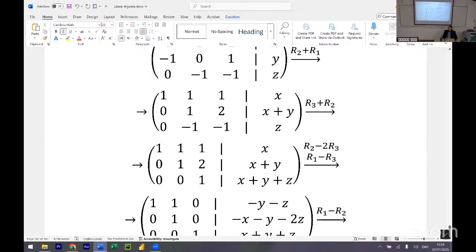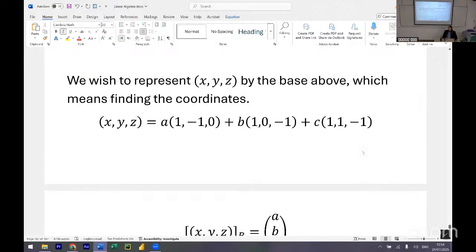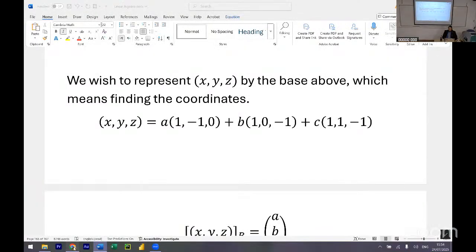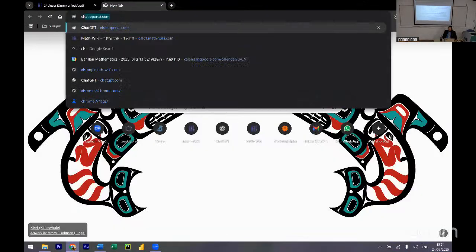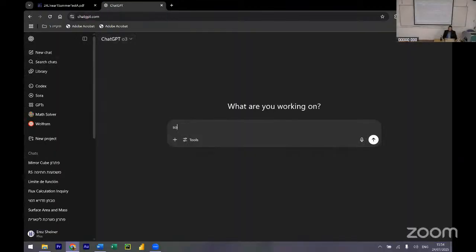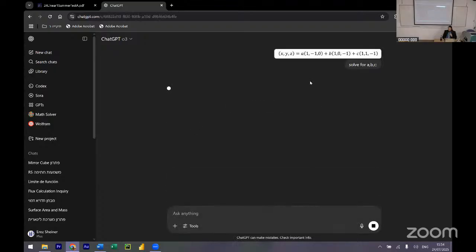And ChatGPT o3 has become quite good. I can make sure that I did my calculation right using it. I'm not paying for o3 enough. Solve for A, B, and C. I just took a screenshot as well.